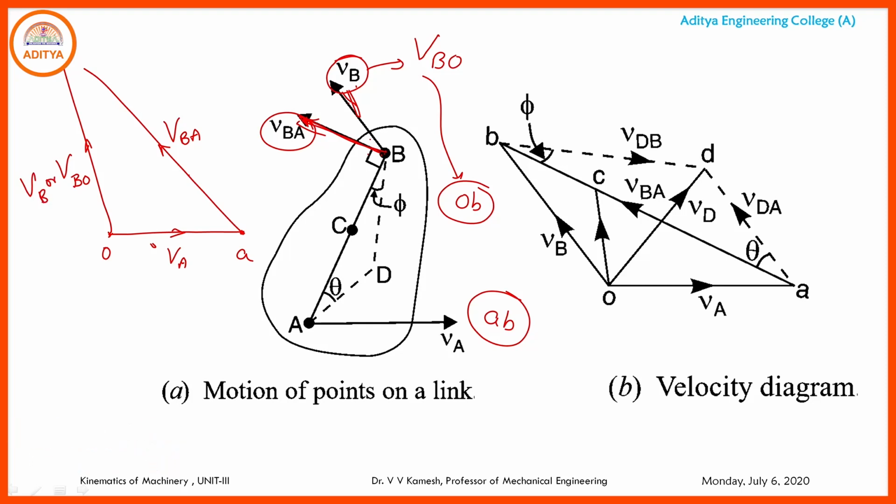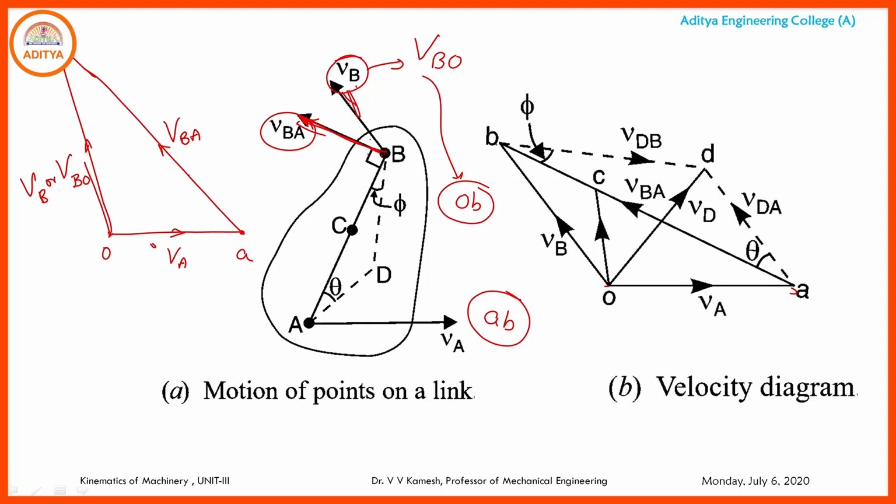Both can be taken. So this is the line where B is present, and this is also a line where B is present. That means we are trying to get the locus of B through ab and the locus of B through OB. The intersection of these gives B. The same thing is represented here. This is OA, this is VBA, and this is VB.